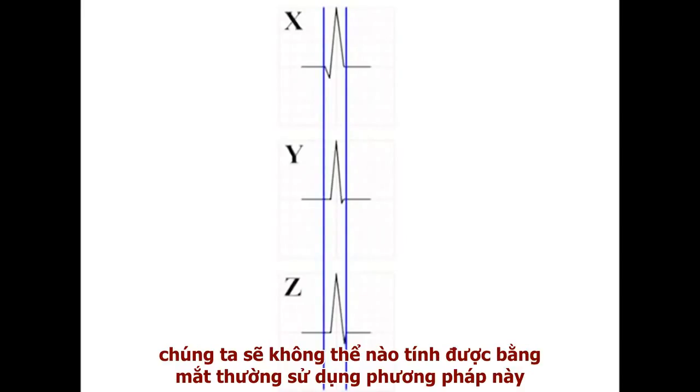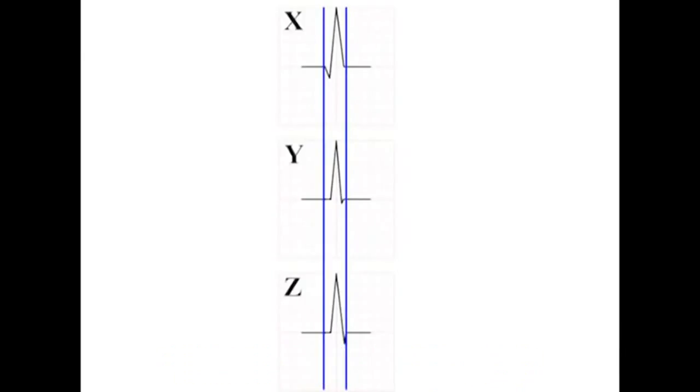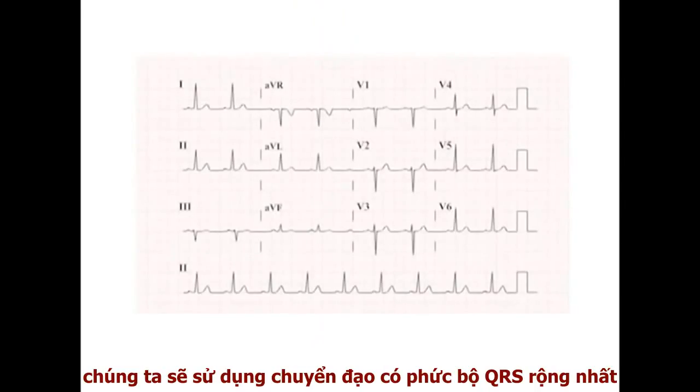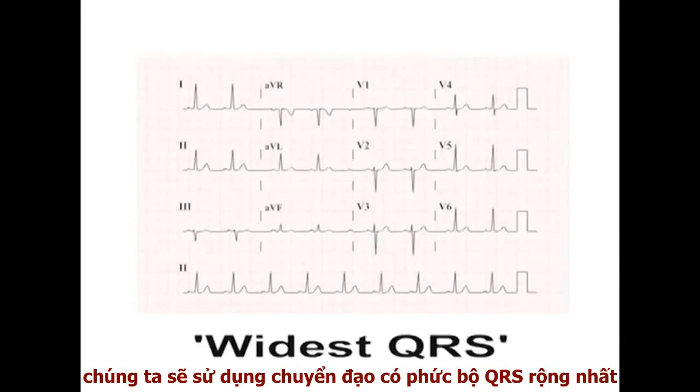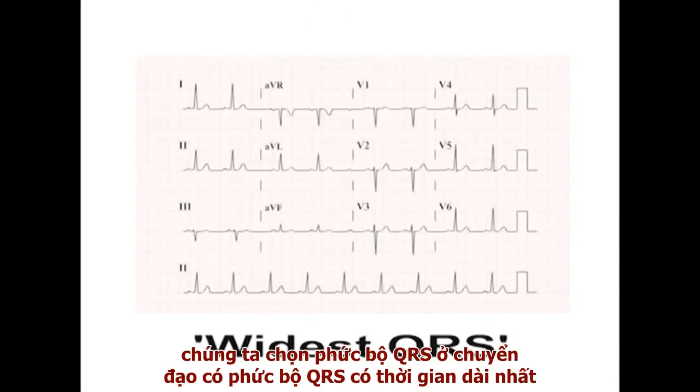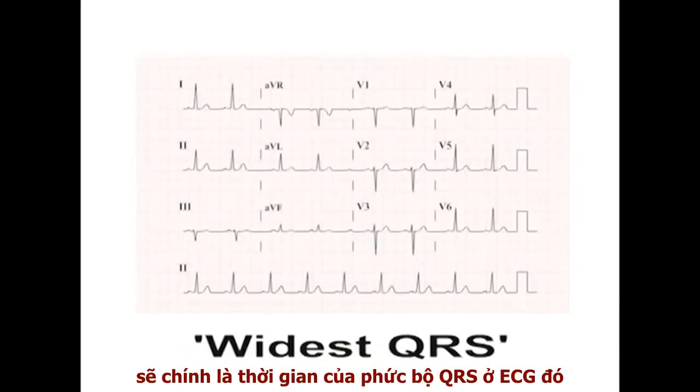Extending this type of analysis to 12 leads is obviously not possible with the human eye. As a compromise, when analysing the QRS duration on an ECG, we choose the lead with the widest QRS duration. When analysed manually, the width of the QRS complexes in the lead with the widest complexes defines the QRS duration on the ECG.